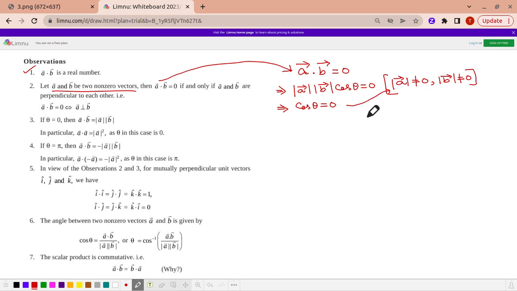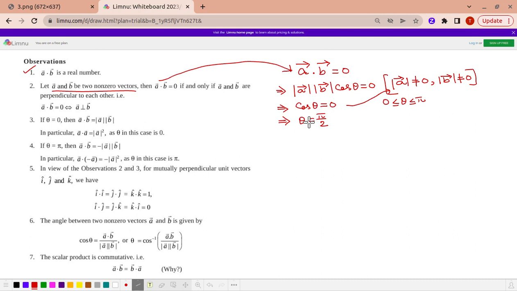Now when can cos theta be equal to 0, where theta is between 0 and pi, including both 0 and pi, that means 0 less than or equal to theta less than or equal to pi? The only value of theta for which cos theta can be equal to 0 is theta equal to pi by 2. What does it mean? That means the angle between the vectors A and B is 90 degrees.